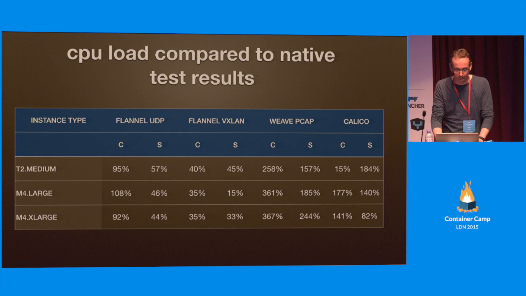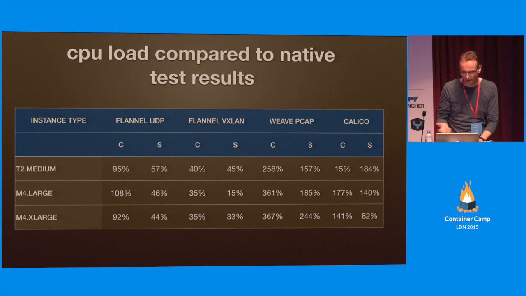The Weave results are not so good. I would love to get my hands on the new implementation of Weave, and I'll blog about it when that version is available. And let's hope that it's up there with the Flannel VXLAN implementation. Calico, yeah, well, it's again sort of in the middle.